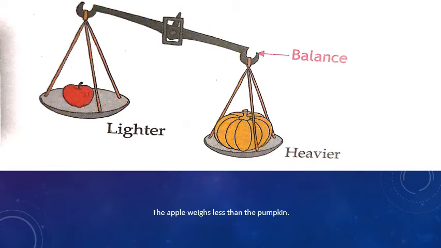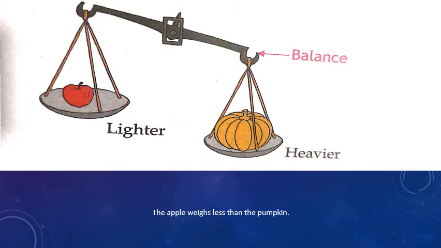Now children, let us understand it in a better way by looking at a few examples. This is a balance and let us put the apple on one pan and pumpkin on the other pan.